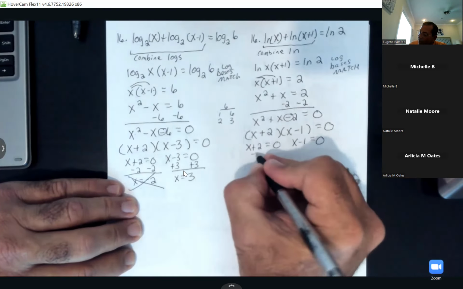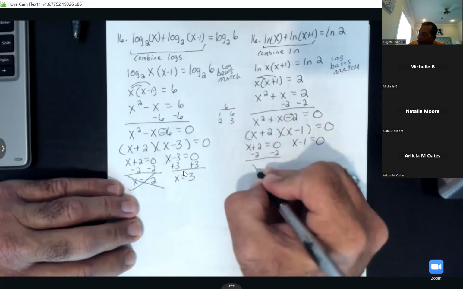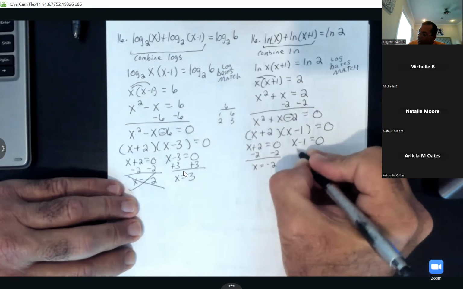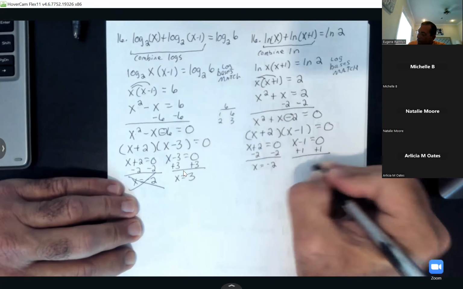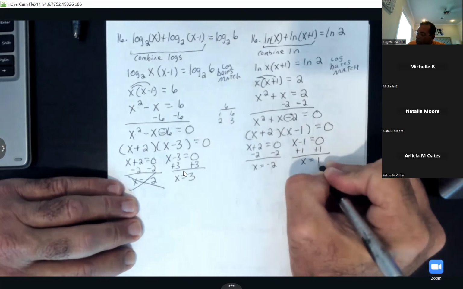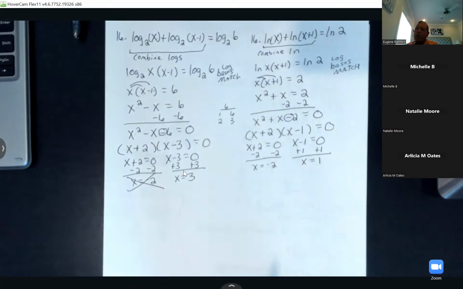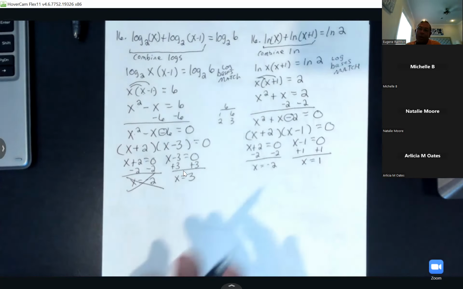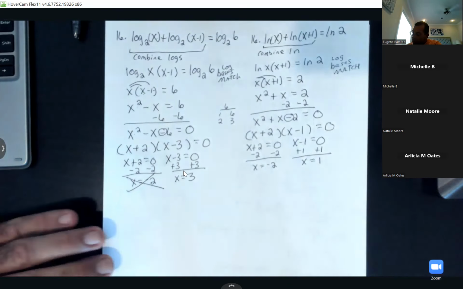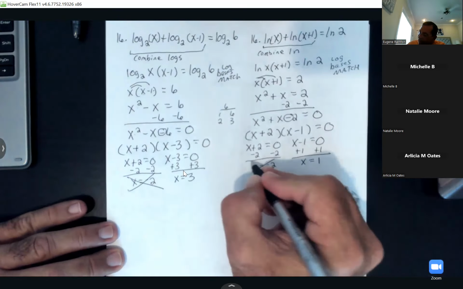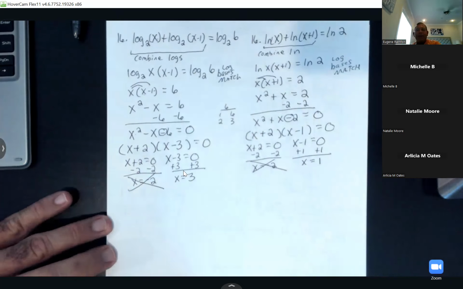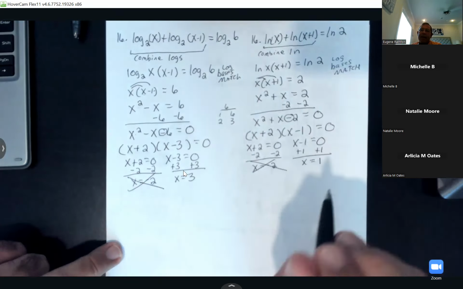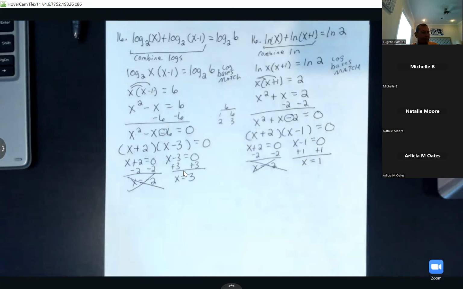So if you notice, I'm going to get a negative 2 and a positive 1. So you will always get opposite signs on these equations when you're dealing with the logs, okay? But y'all, guess what? Can't take that negative 2, so our only answer is x equals 1.